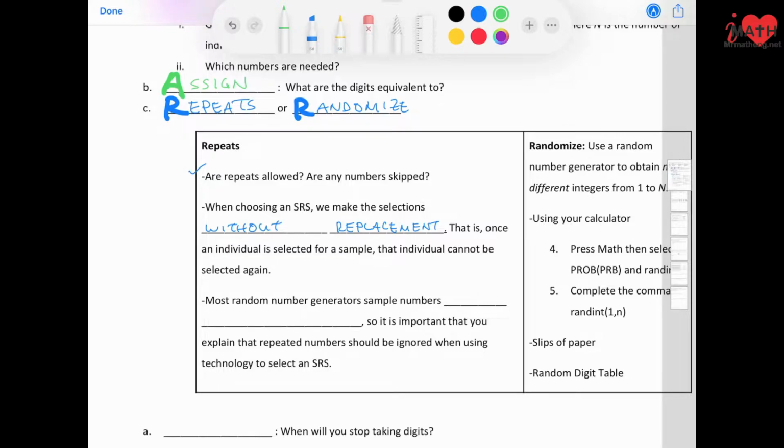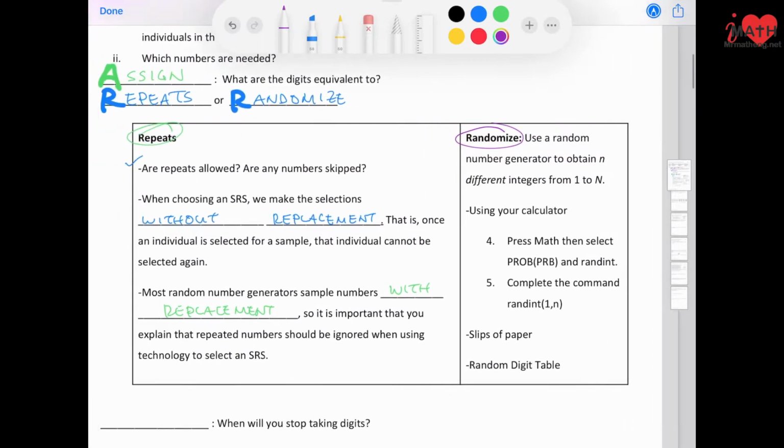Random sample generators sample numbers with replacement, meaning you'll see repeated numbers. So it's important that you explain that repeated numbers should be ignored when using technology to select an SRS. That was repeats.